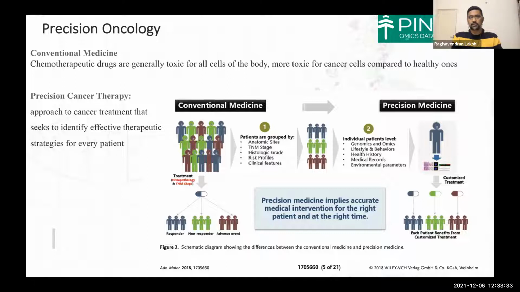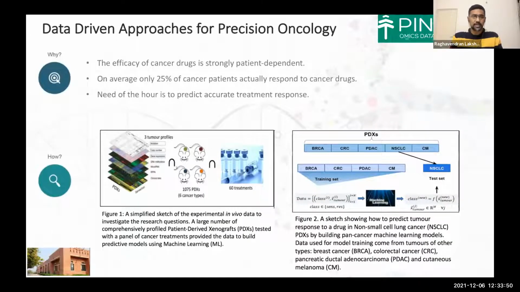There is not sufficiently enough data from cancer patients to molecularly characterize the tumors under the multitude of different treatment options that are available. Hence, we have to resort to suitable model systems. And in this case, the model system is patient-derived xenografts, which are immunocompromised mouse models.